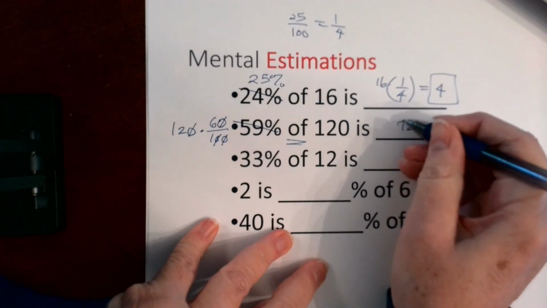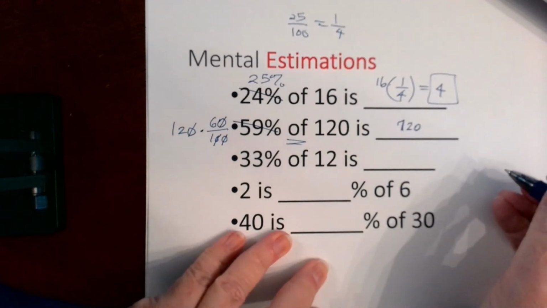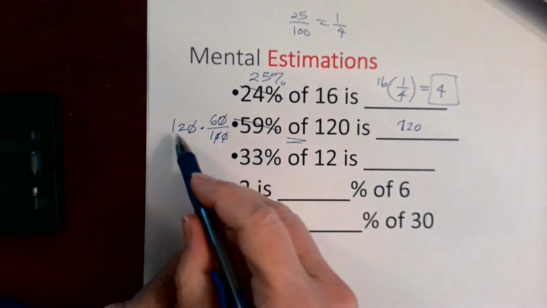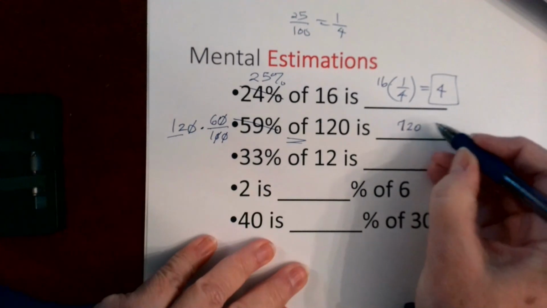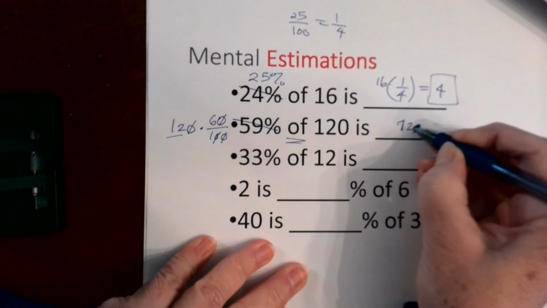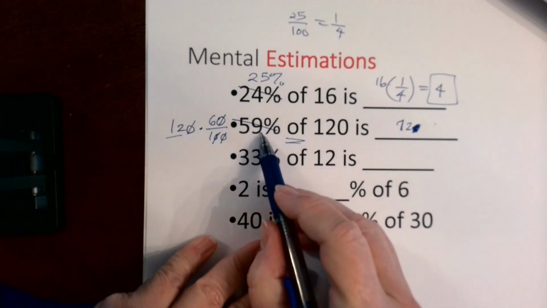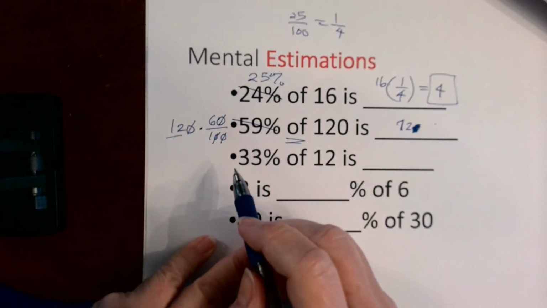That's 700. I almost missed it. 720. That's not right. It's 12 times 6. I did miss it. It's 72. 72 is about 59% of 120. Next one.